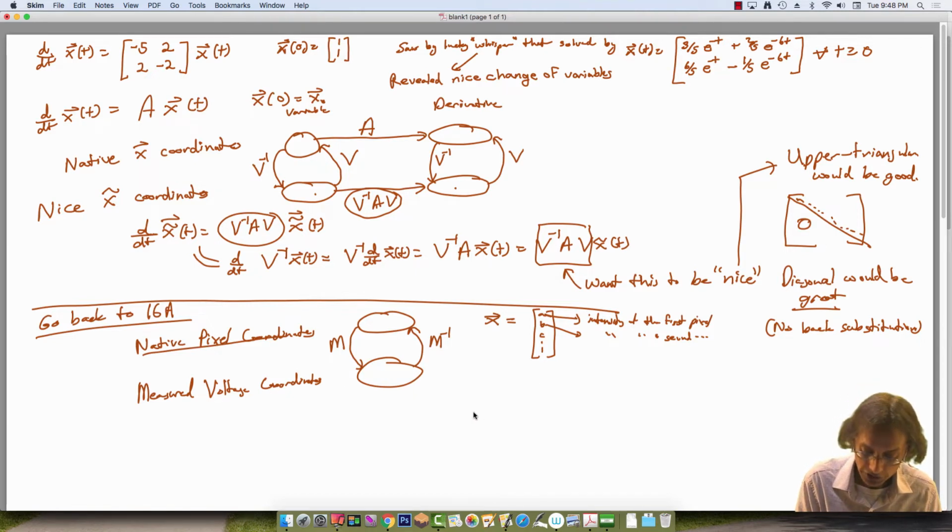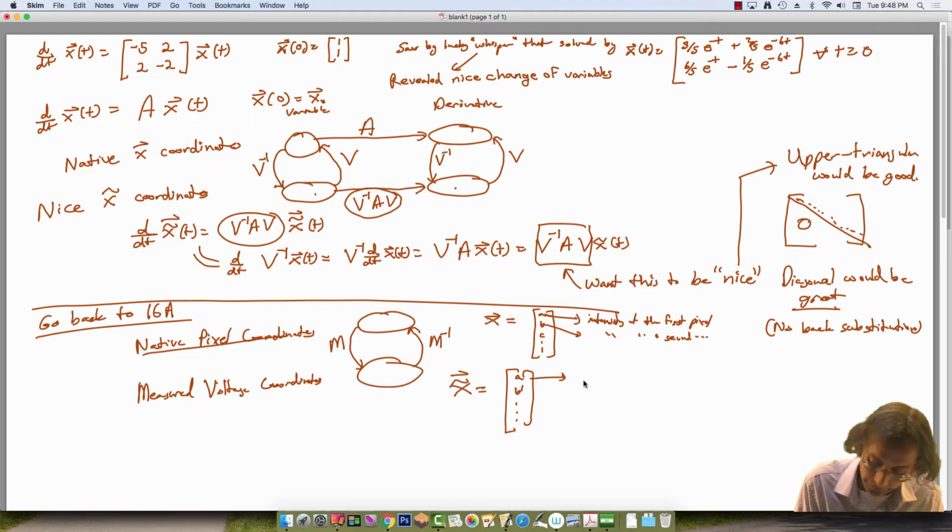And what were the measured voltage coordinates? Let's call them x tilde over here. In this, a prime, b prime, and so on, a prime is the first measurement result.